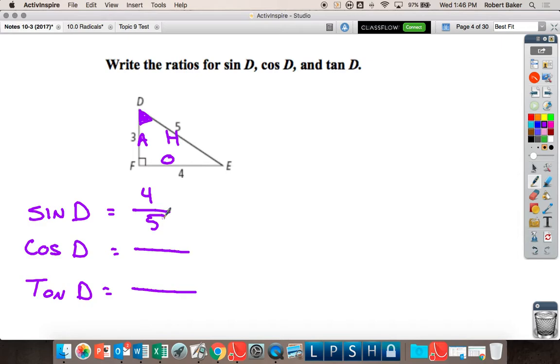What's cosine? Adjacent over hypotenuse. 4 over 5? 4 over 5 is opposite over hypotenuse. Oh, 5 over 4. That's hypotenuse over opposite. 3 over 5. 3 over 5.